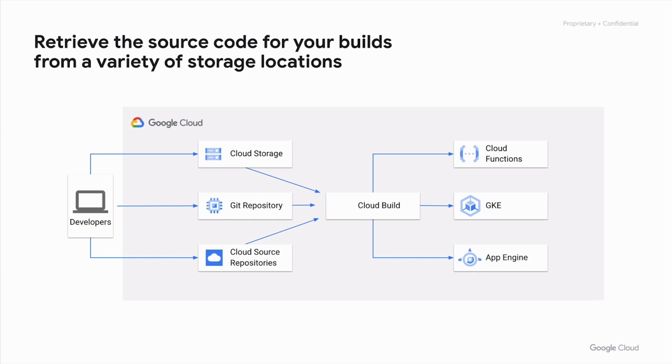For example, you can configure build steps to fetch dependencies, compile source code, run unit or integration tests, or use tools such as Docker, Gradle, or Maven. Each build step in Cloud Build runs inside of a Docker container. And then Cloud Build can deliver your newly built images to various execution environments, not only Google Kubernetes Engine, but also App Engine, Cloud Run, Compute Engine, and Cloud Functions.